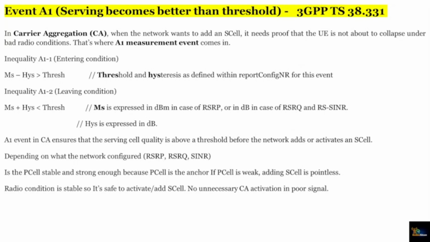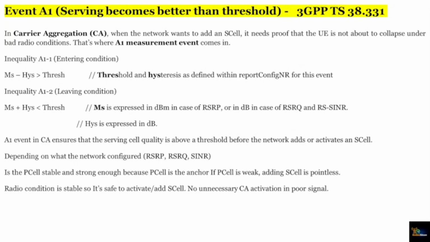That's where the A1 measurement event comes in. The A1 entering condition is measurement minus hysteresis greater than threshold. Second, the leaving condition is measurement plus hysteresis less than threshold.